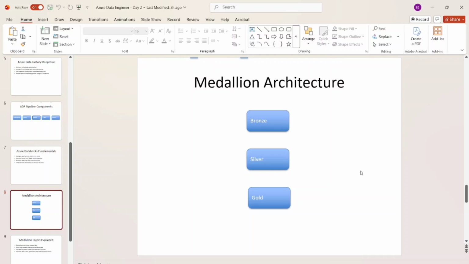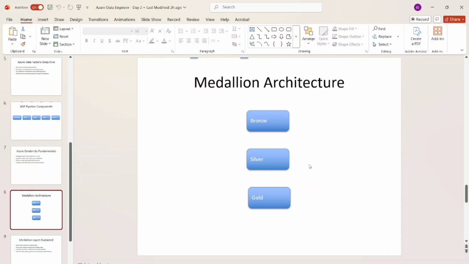First we move to the bronze layer. Its characteristics are minimal transformations, historical data retention, and source of truth. Then moving to the silver layer, the second layer.